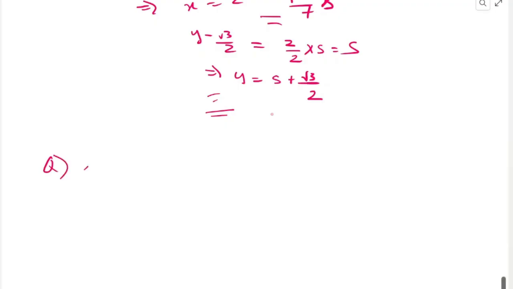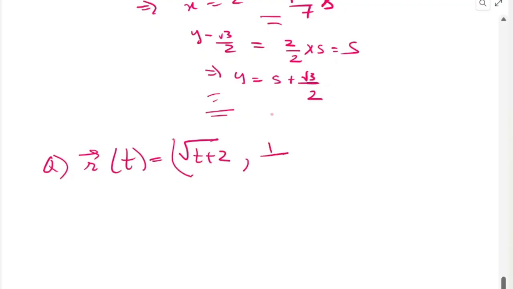Question. Consider the curve r(t) equal to root t, comma 1 by t plus 1, comma 2 by t square plus 4. The question is very easy.